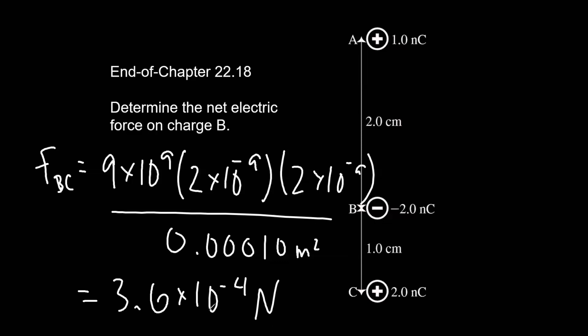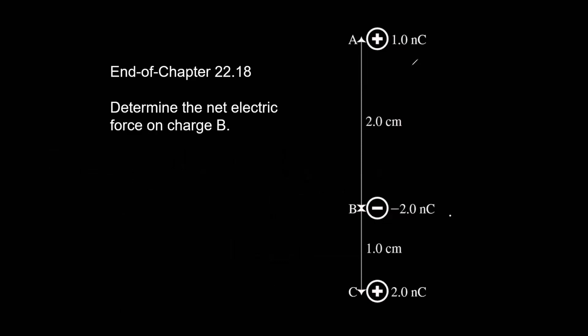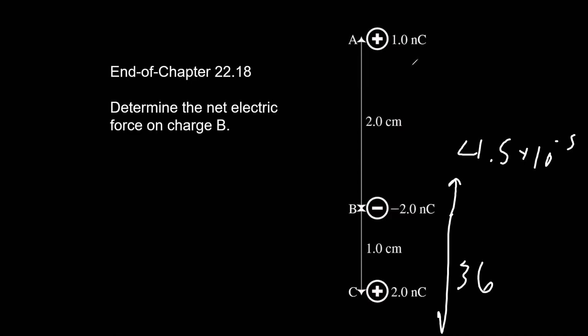So basically, when you go to sum these forces, you have the upward one, that's 4.5 10 to the negative 5. The downward one, that's like 36 times 10 to the negative 5. Those are both newtons, and so they cancel, and so the result is that charge B feels a downward force of 36 minus 4.5, right?